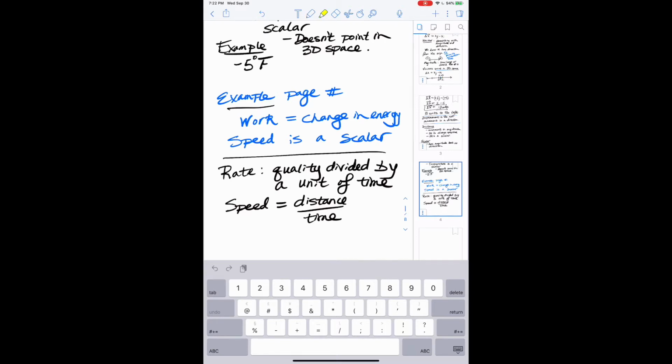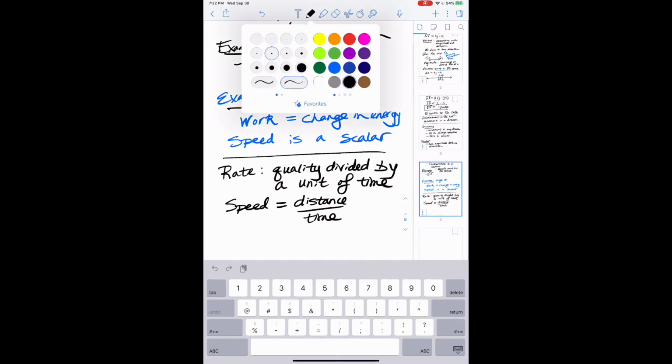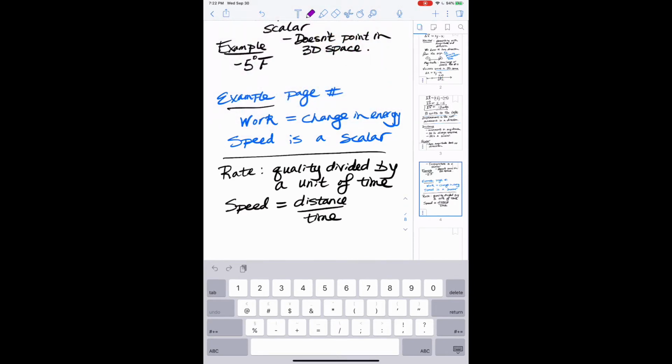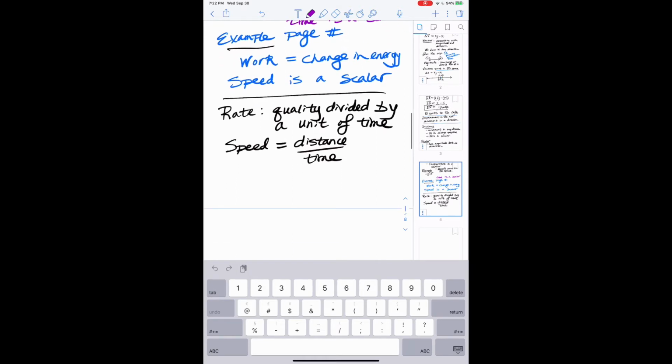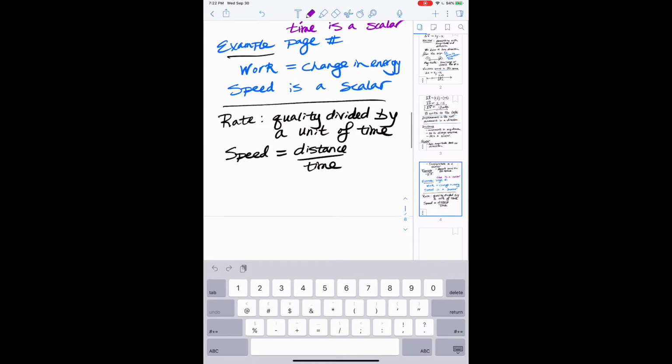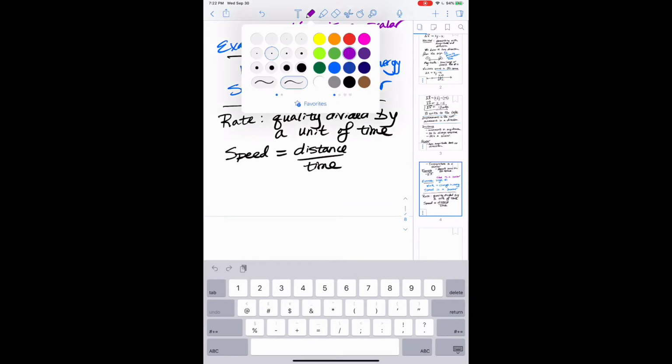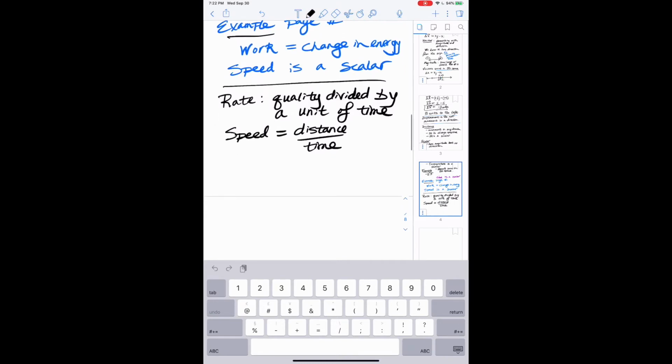Let me get a different color. Go purple. All right, time is another example. So here we have two scalars: distance is a scalar, time is a scalar, so speed is a scalar. Speed doesn't care about direction. When we talk about speed, we're traveling 25 miles per hour, and that's the speed limit.